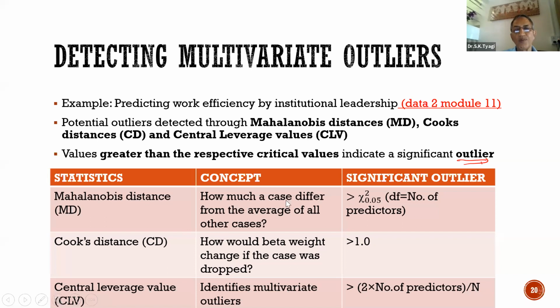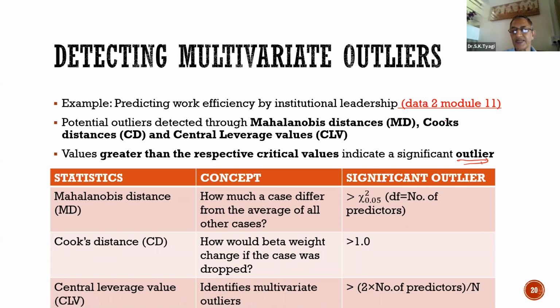This shows how much a case differs from the average of all other cases. SPSS will calculate this distance. It should be greater than chi-square with degrees of freedom equal to the number of predictors.